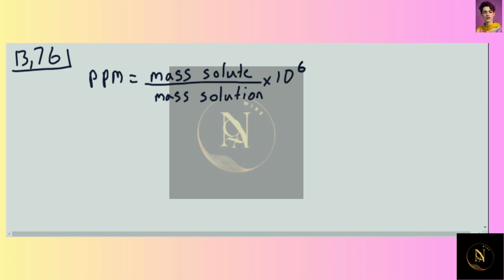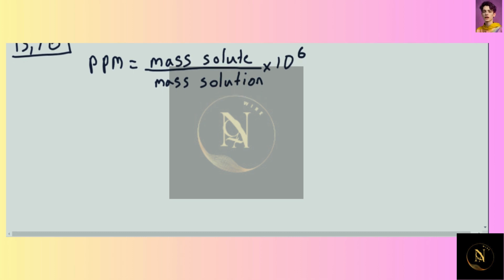So first, let's calculate the mass of the solution, because we're given the mass of the solute. So for the mass of the solution, we're given 100 liters. We can convert this to grams by first converting to milliliters.